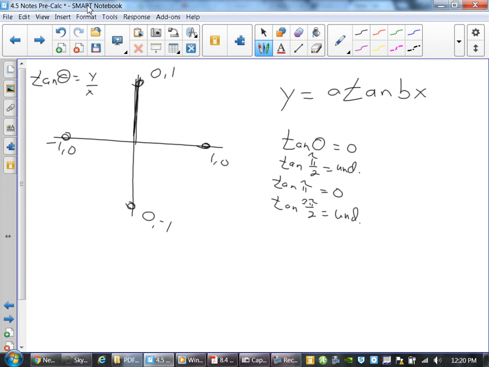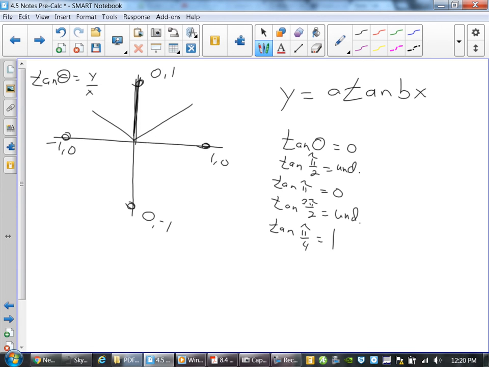We also have the value of tangent equal to 1 at some angle. What angle is that, remember? Where is x and y the same? At your 45s, remember that? At pi over 4, it was root 2 over 2, root 2 over 2. So the tangent at pi over 4 was 1.